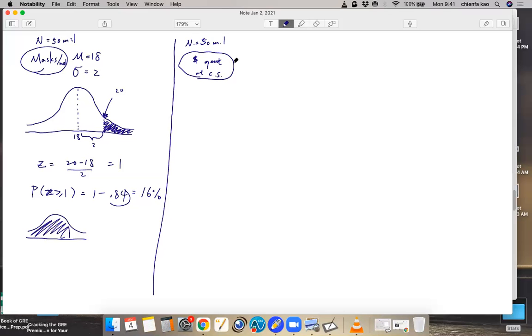We recorded 50 million data points last month. The average is $19, and let's just say the standard deviation is about $3.